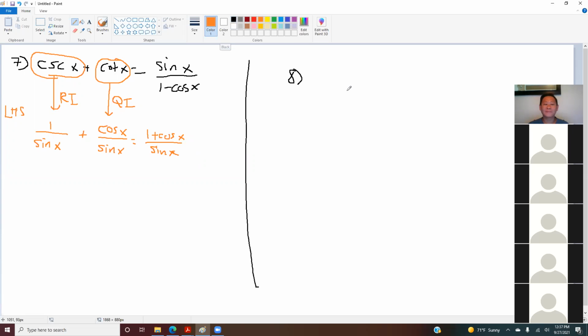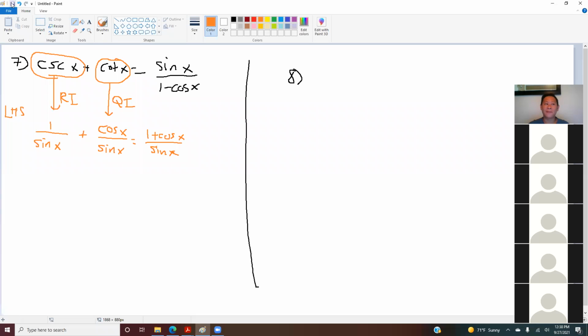Anyone? Do you see the hint here? This is 1 plus cosine x, and this is 1 minus cosine x. What do we call that when you see 1 plus and 1 minus, the plus here and the minus there?